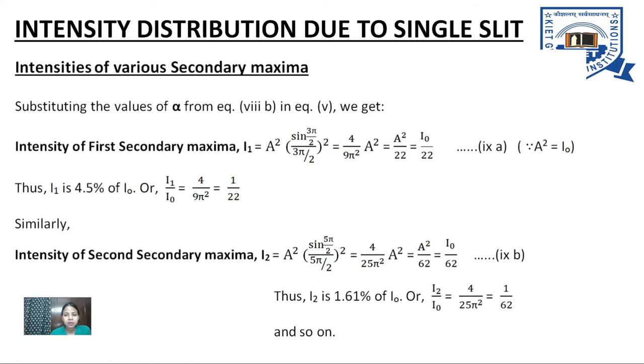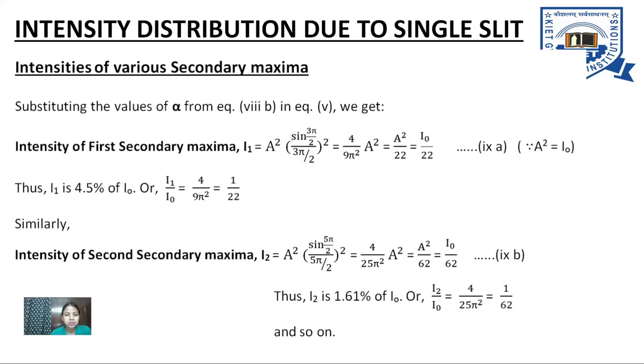So I1 becomes I naught upon 22. Now 1 upon 22 can be written as 4.5 upon 100 or 4.5%. So I1 is 4.5% of I naught. So we get I1 upon I naught is equal to 4 upon 9 pi square, which is equal to 1 upon 22.